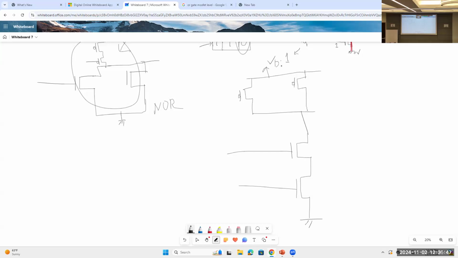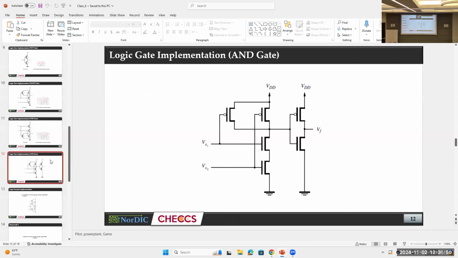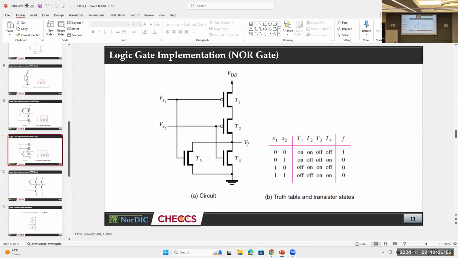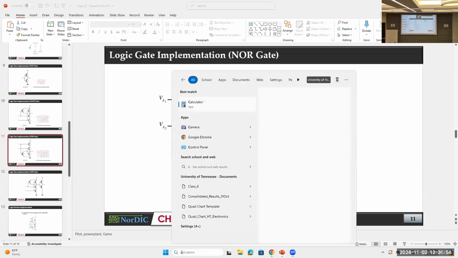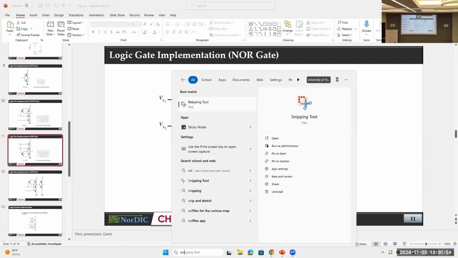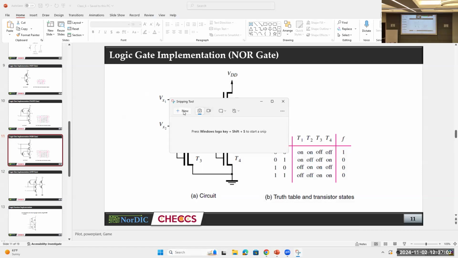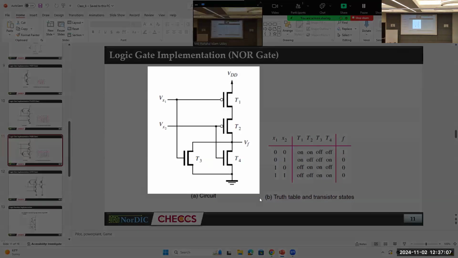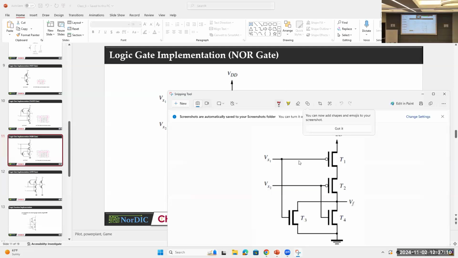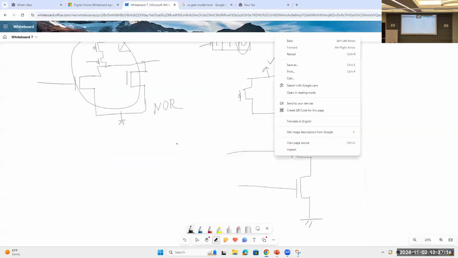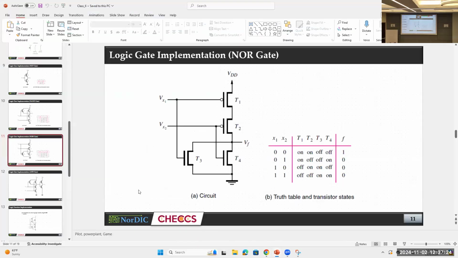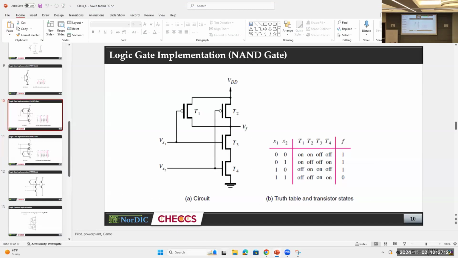This is VDD. We will place them side by side so that we can compare them, I mean, NOR and NAND.